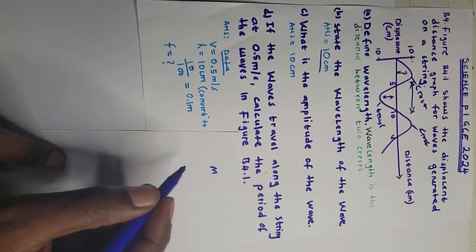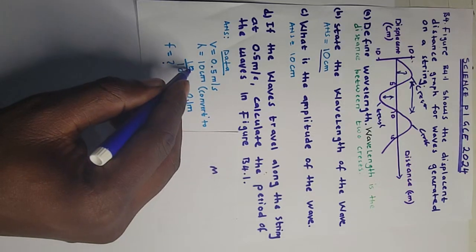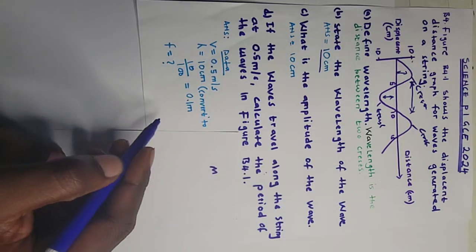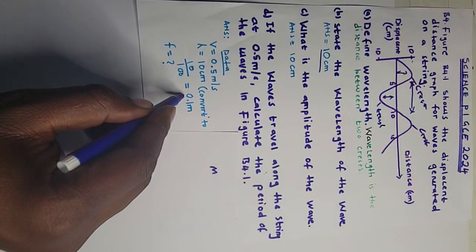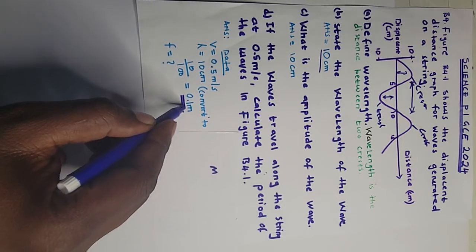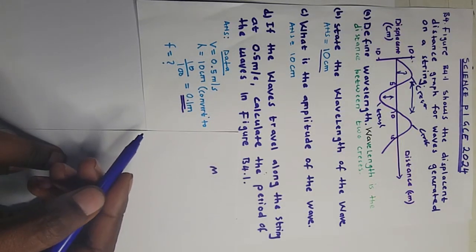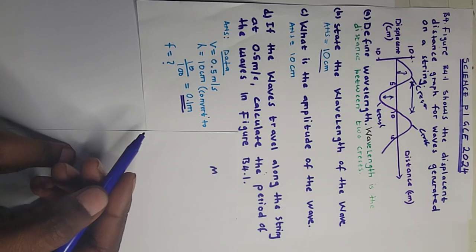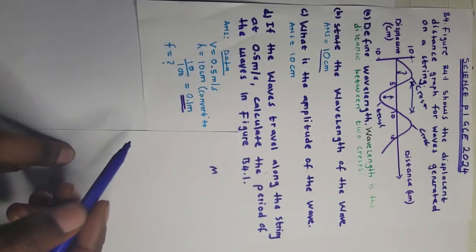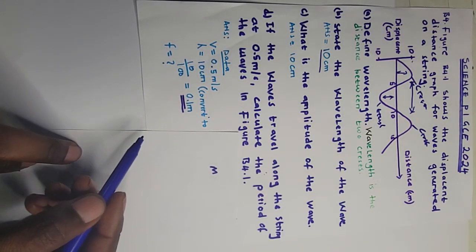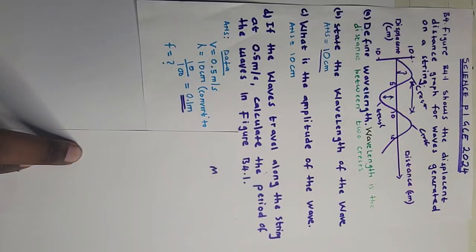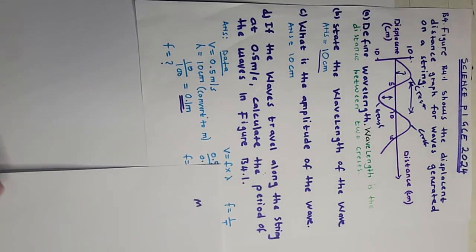So we divide 10 by 100, giving us 0.1 meter. The wavelength is represented by the symbol lambda. And then the frequency, we don't know. That is the one we are looking for.